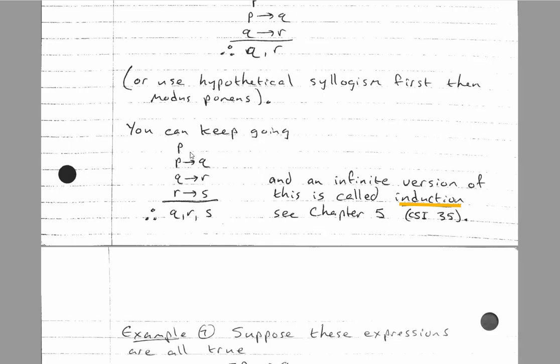If you have a longer string of implications, so if P is true, and P implies Q is true, and Q implies R is true, and R implies S is true, well, keep applying modus ponens, and you get that Q, R, and S have to be true.